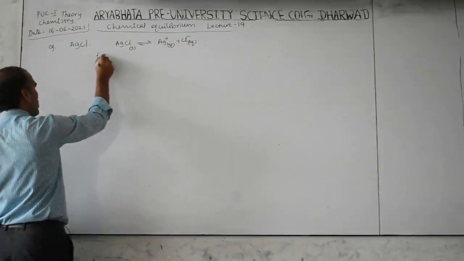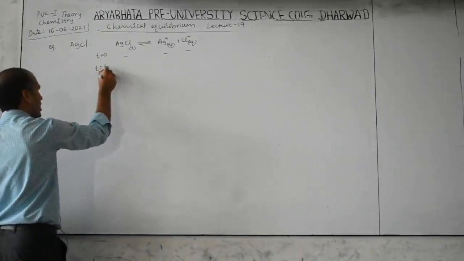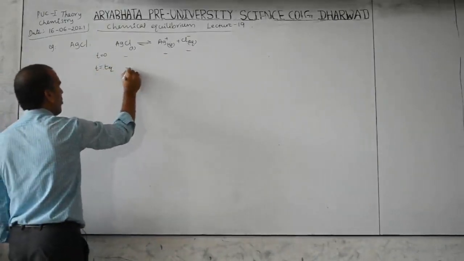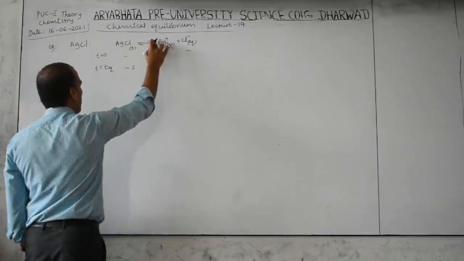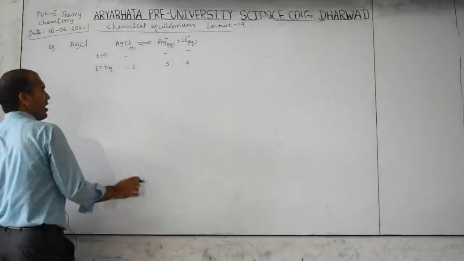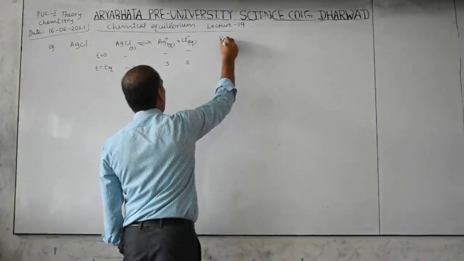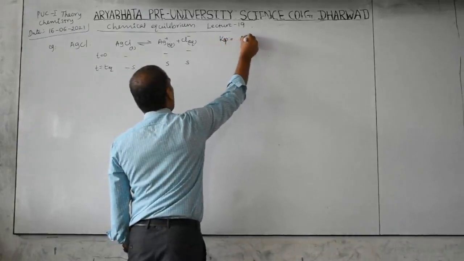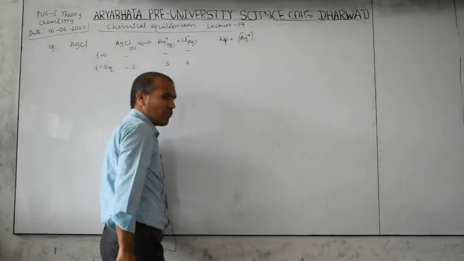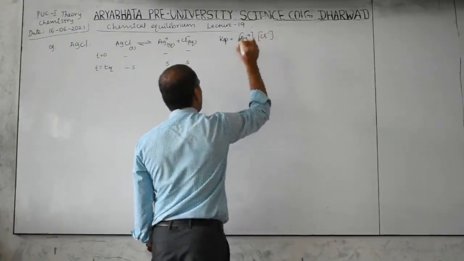At t equal to 0, dash dash dash; at equilibrium time, minus S. Here 1 mole is there, plus S, 1 mole is there, plus S. This is very clear. Then according to this we can write Ksp is equal to, only the aqueous form, Ag plus concentration times Cl minus concentration.